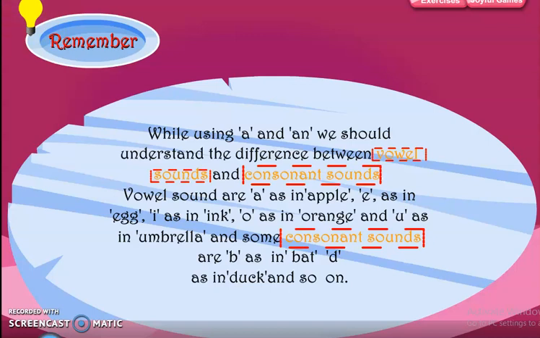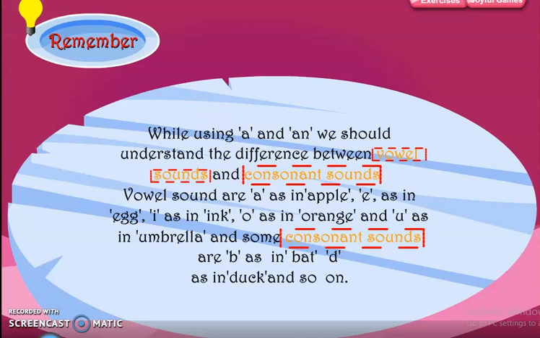Vowel sounds are a as in apple, e as in egg, i as in ink, o as in orange, and u as in umbrella. And some consonant sounds are b as in bat, d as in duck, and so on.